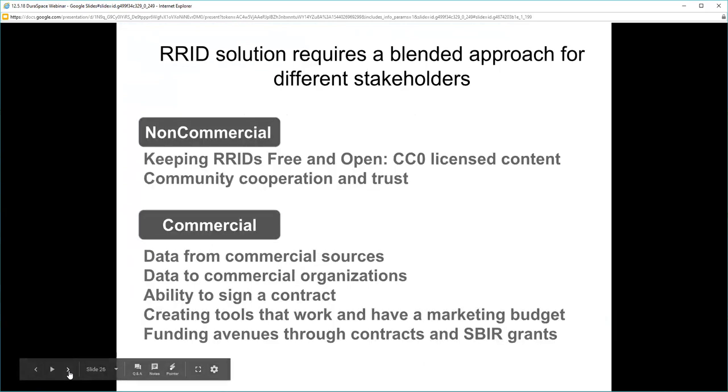So the RRID solution actually requires a blended approach because of the different stakeholders. So the non-commercial portion of all of this is that we in SciCrunch need to absolutely ensure that everything right around the RRIDs is as free and open as possible. And so we have actually licensed the RRIDs under a CC0 license for all of that content.